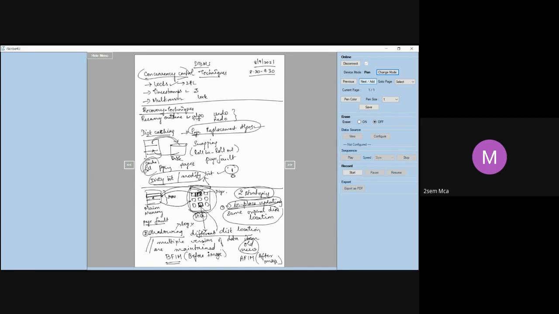Before updation, the data is always called BFIM. After updation, the new item is called the after image or AFIM. So in case of in-place updating, BFIM gets overwritten by the AFIM. That is an important concept you have to understand here.